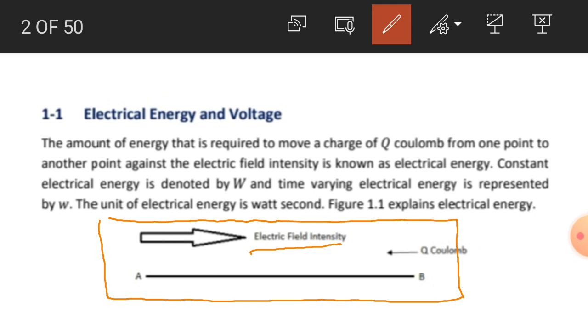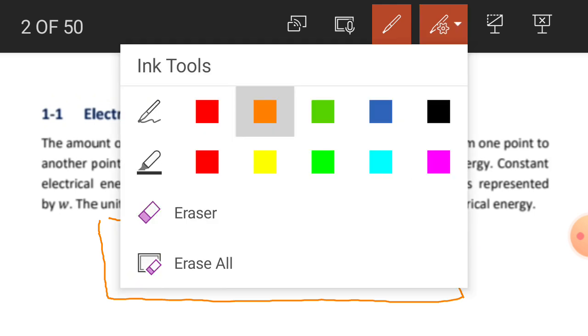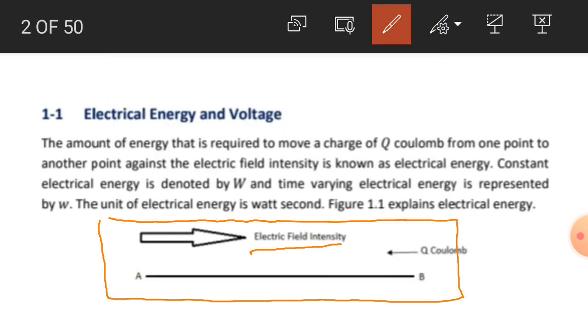This is the force on a unit positive charge. The force per unit positive charge is known as electric field intensity, and as I have already mentioned, electric field intensity is a vector quantity. So as far as this arrow is concerned, this arrow represents the direction of the electric field intensity in this particular region.